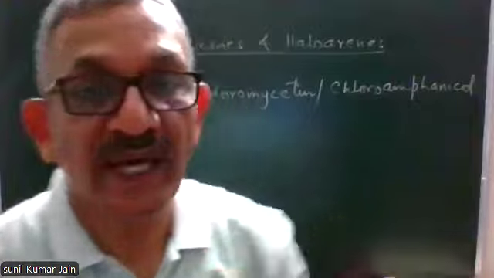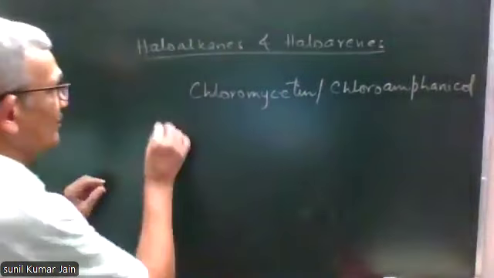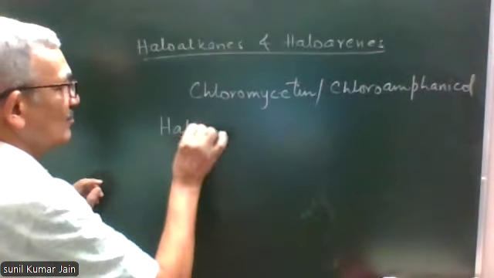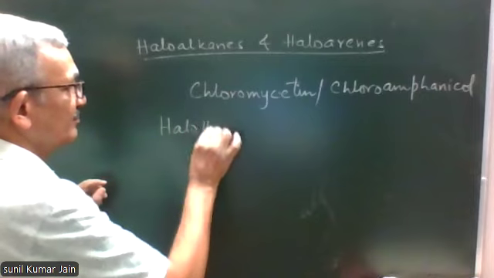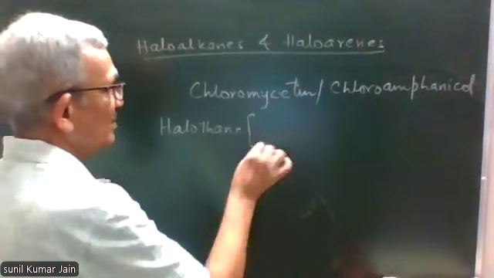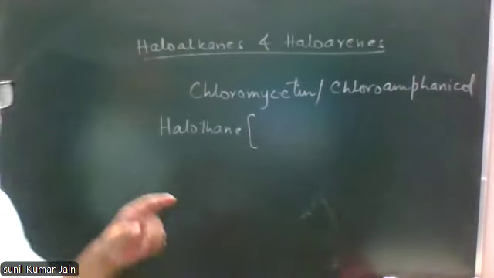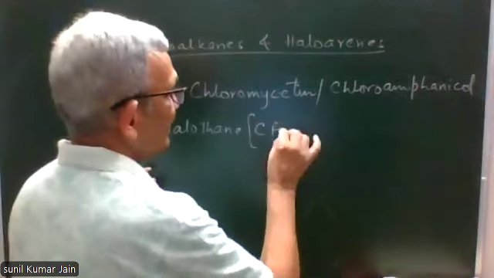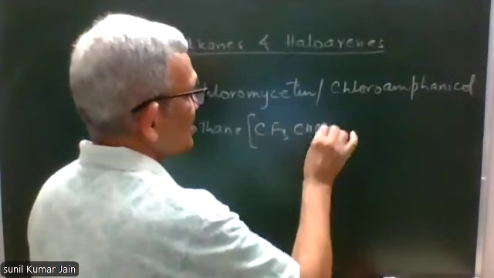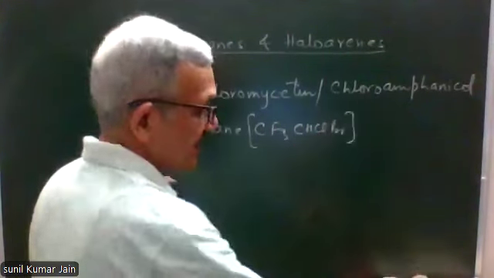There's a compound called halothane. Molecular formula of this compound, halothane, is CF3CHClBr.